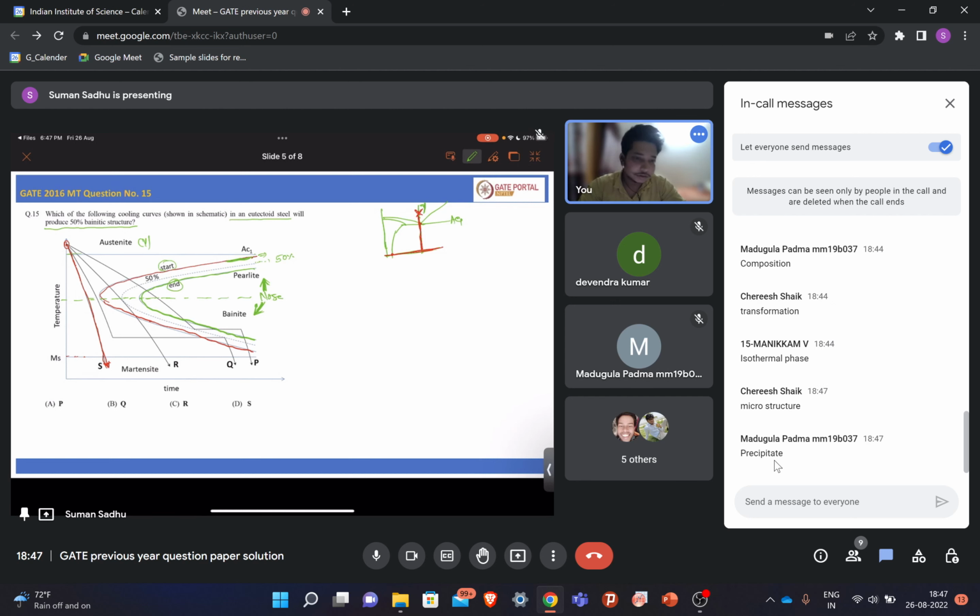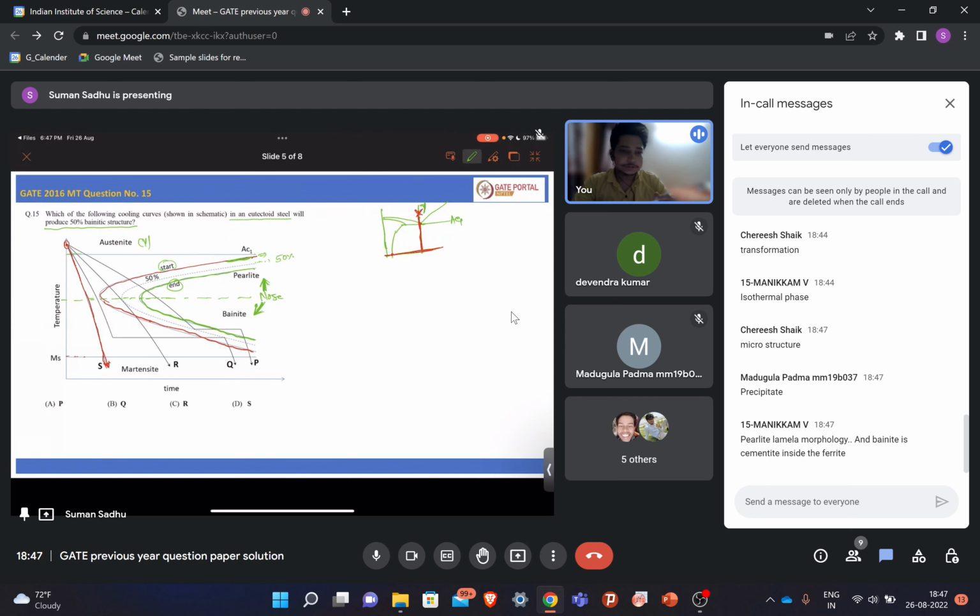Precipitate, precipitate of cementite occurs, right? Yes, that microstructural difference is there. Also, we will get the precipitate of cementite, but the main difference is the morphology of the ferrite phase.